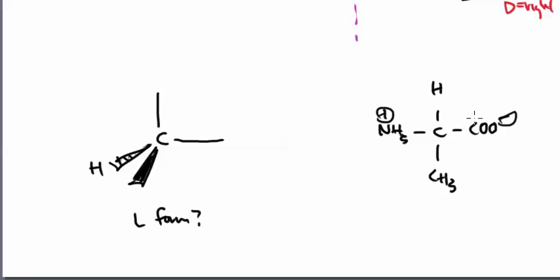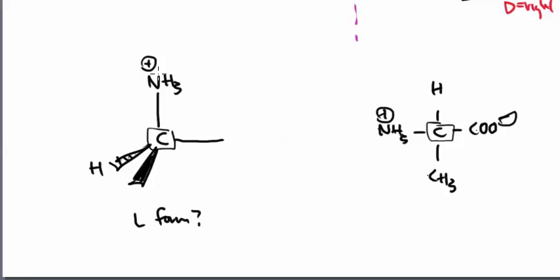Again, you go by the atomic number. So what we have attached to this chiral carbon, this is the chiral carbon right there. We've got a nitrogen, a carbon, and a carbon. The nitrogen has a higher atomic number than the carbon does. So that means the nitrogen gets highest priority, and I would probably prefer to draw that up at the top. Now, if I'm given a choice, that's where I would want it.